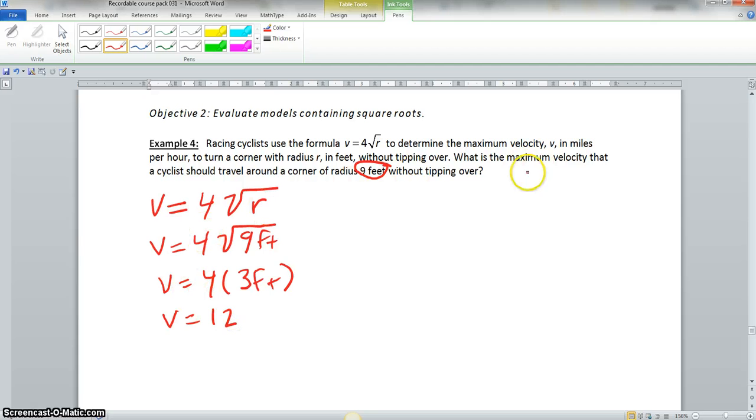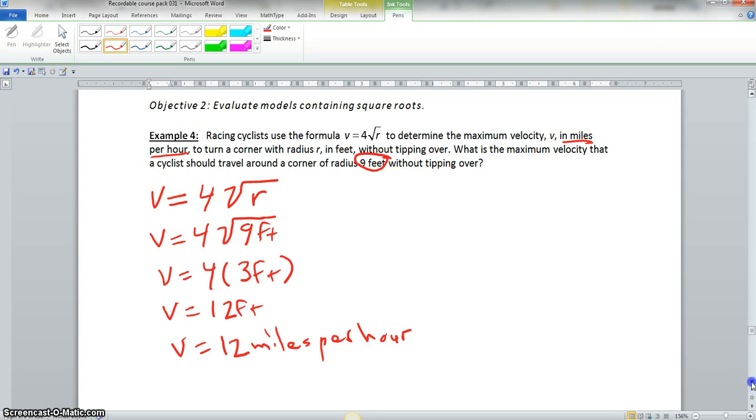Now, since we're dealing with velocity, this is in miles per hour. So our velocity is 12 miles per hour. Because remember, velocity is measured in miles per hour.